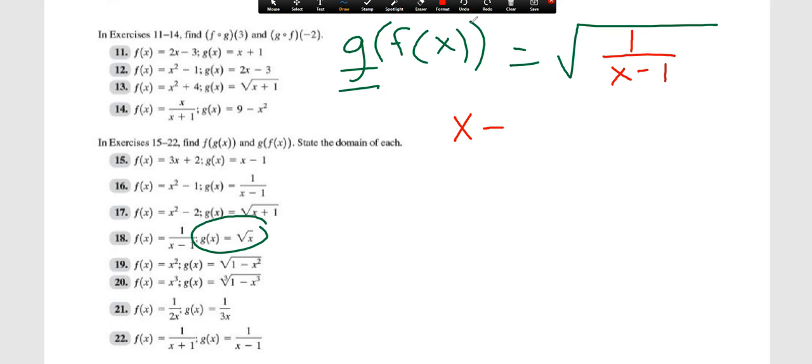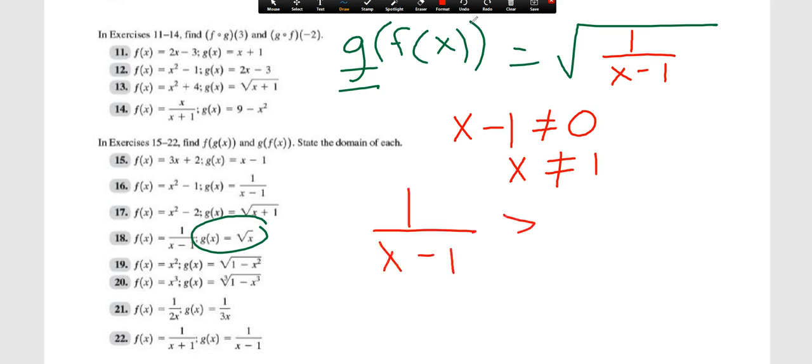Well, what do we know about x minus 1? X minus 1 cannot equal what? 0. So that means x cannot equal 1. And what do we know about 1 over x minus 1? It has to be greater than or equal to what? 0.